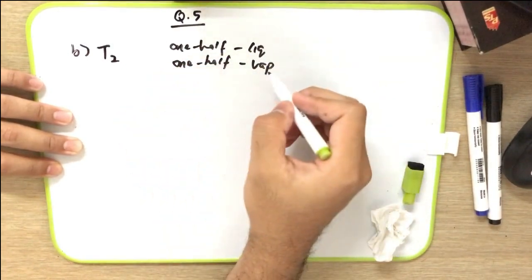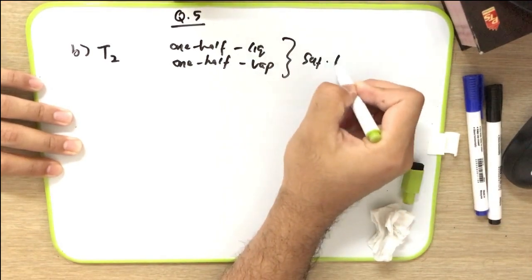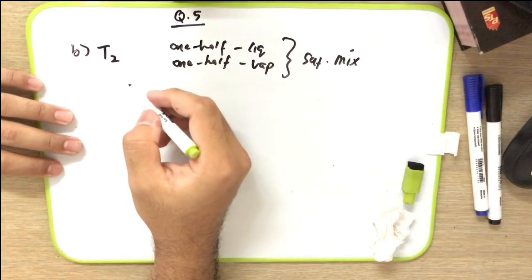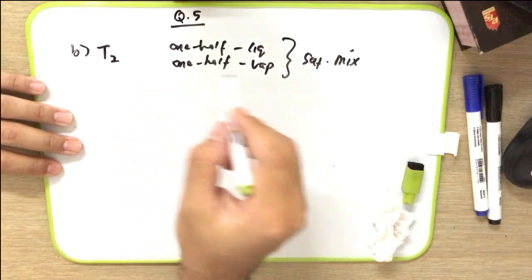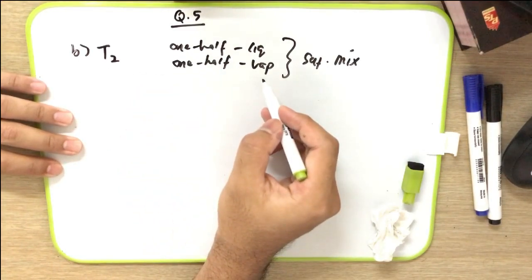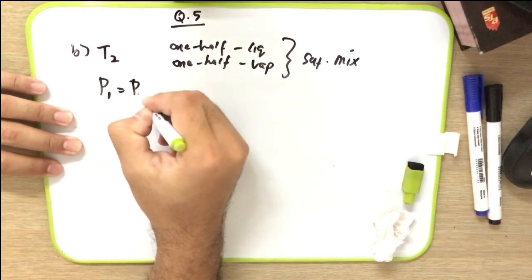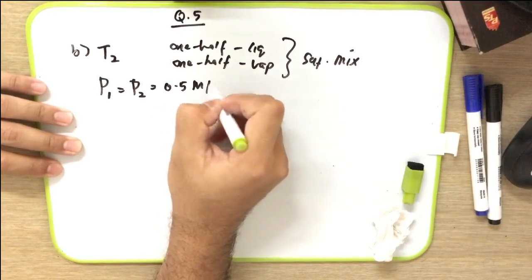When we have both liquid and vapor, we call it a saturated mixture. At state 2, you are not given any info except this and also constant pressure, so P1 and P2 are equal, which is 0.5 megapascal.